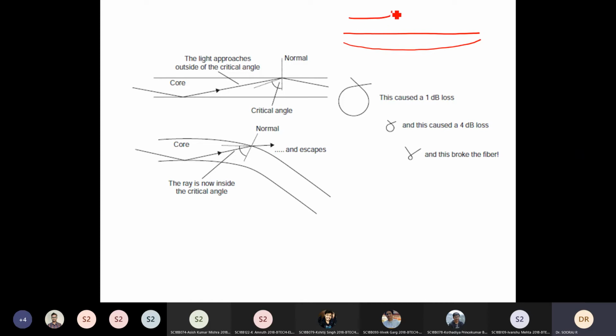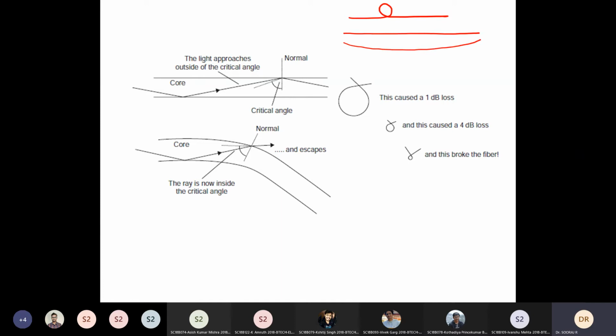Whereas if I take an optical fiber and roll it like this, then this is going to cause a significant amount of loss. And if the bending becomes more and more critical, then it can actually break the optical fiber, and then it becomes useless.